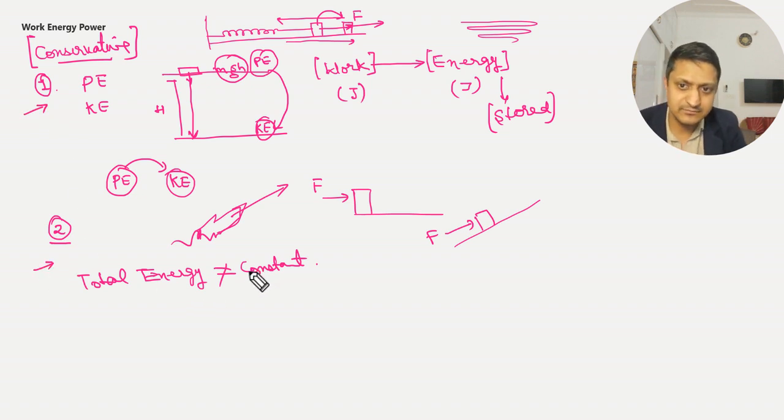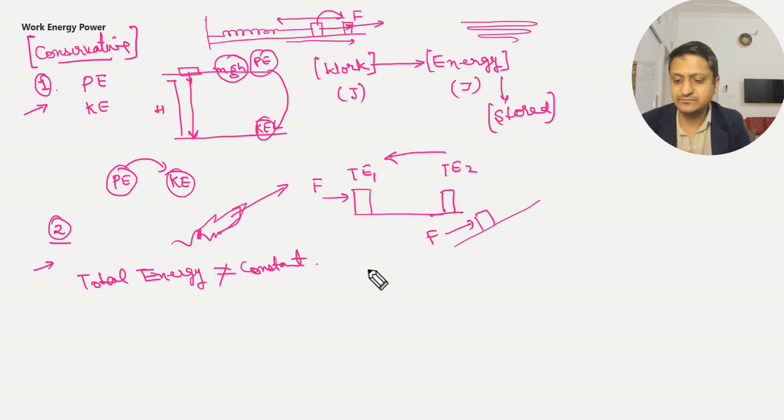In this case we will say that the total energy at the first point and the total energy at the second point, the difference between them will be the work.